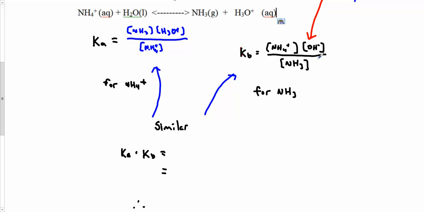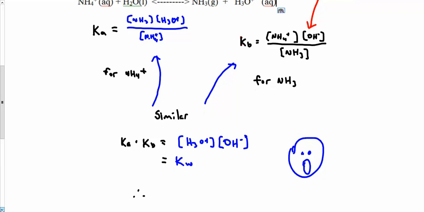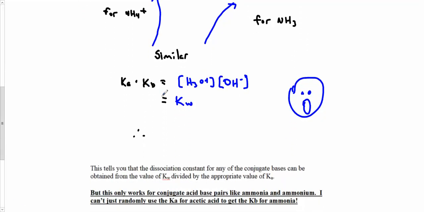That and that would go, and bottom and top would go, and I would be left with only H3O plus and OH minus. And from previous learning, we know that the concentration of H3O plus times the concentration of OH minus is Kw. Surprise. So this is true then. Kw is Ka times Kb.